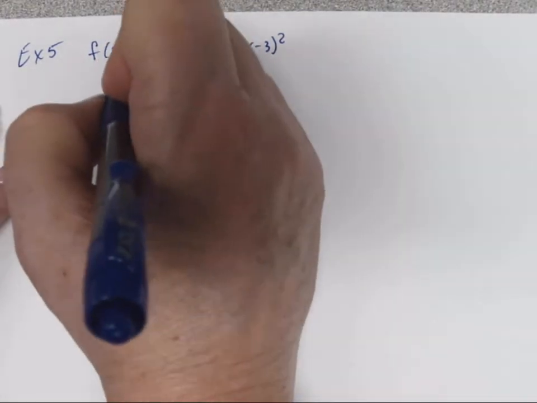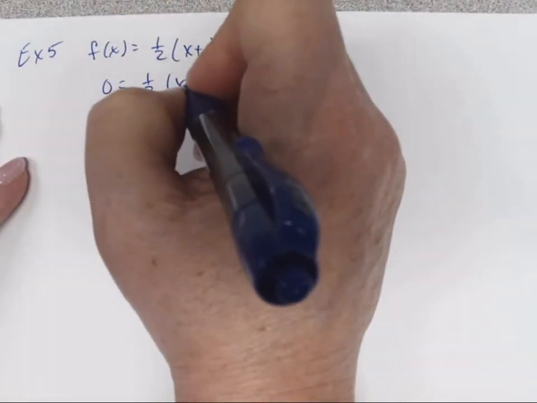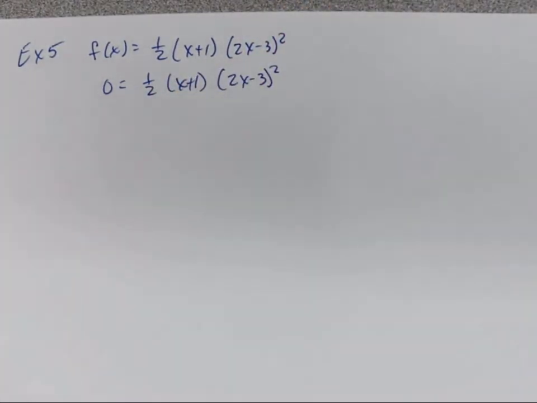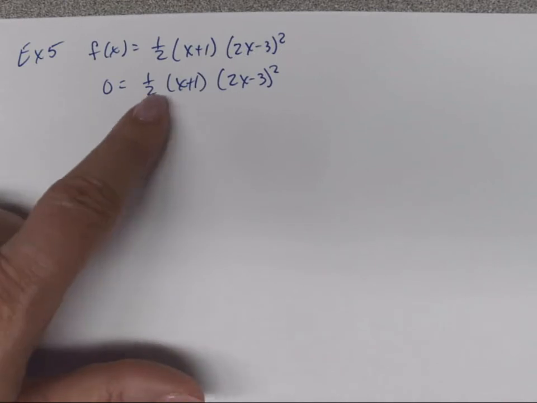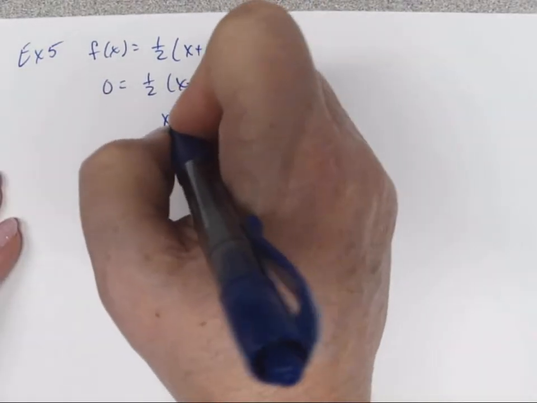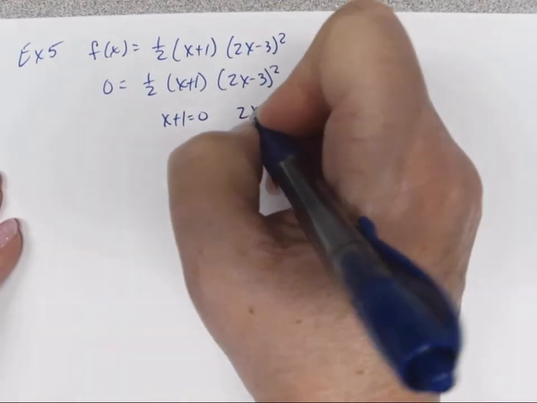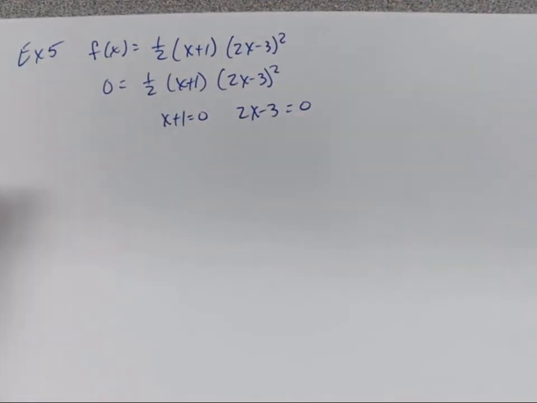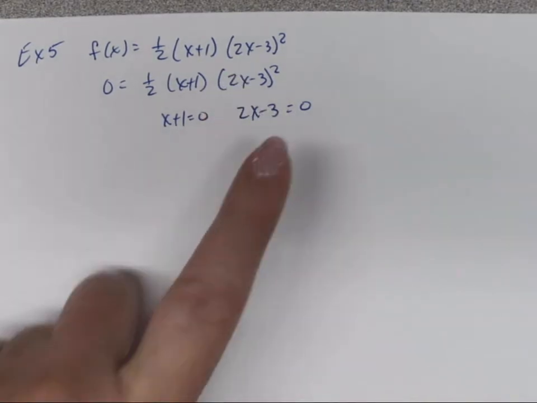So we're just going to set it equal to 0, because remember, we're just looking for x-intercepts. Now, the 1/2 doesn't have an x on it, so I don't have to worry about it. So I just have our x plus 1 equals 0, and our 2x minus 3 equals 0, because you're just going to take what's inside of the parentheses.